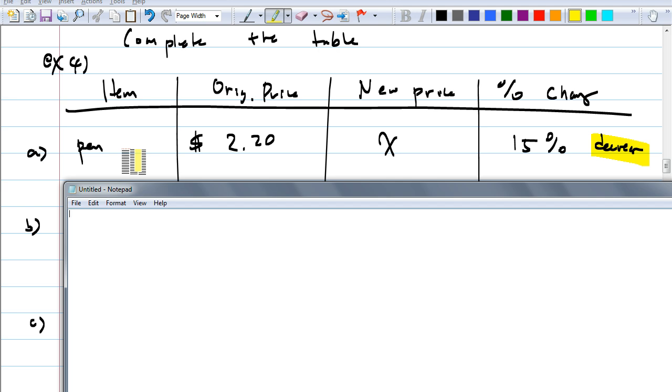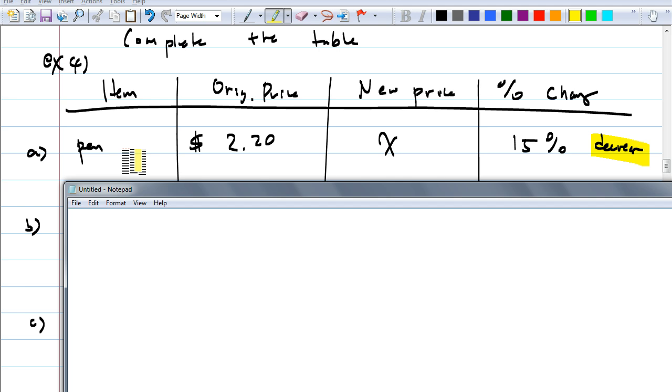So if something went from $2.20 and then it's a 15% decrease, does anybody know how to find this x? Anybody? Raise your hand. One person. Two. Just two people. 3, 4, 5.